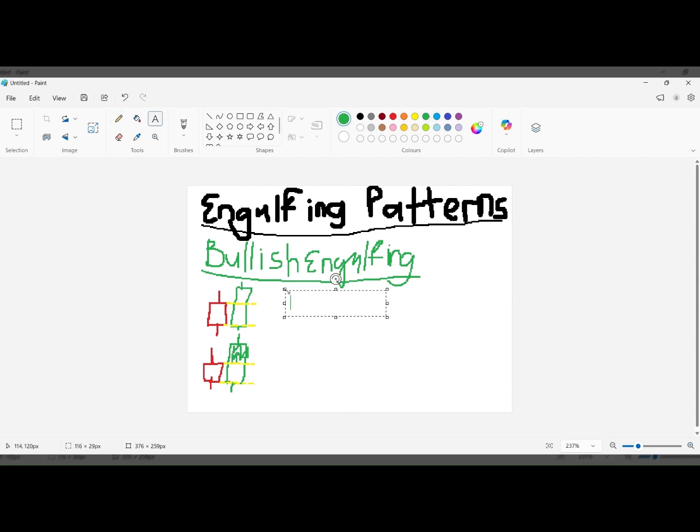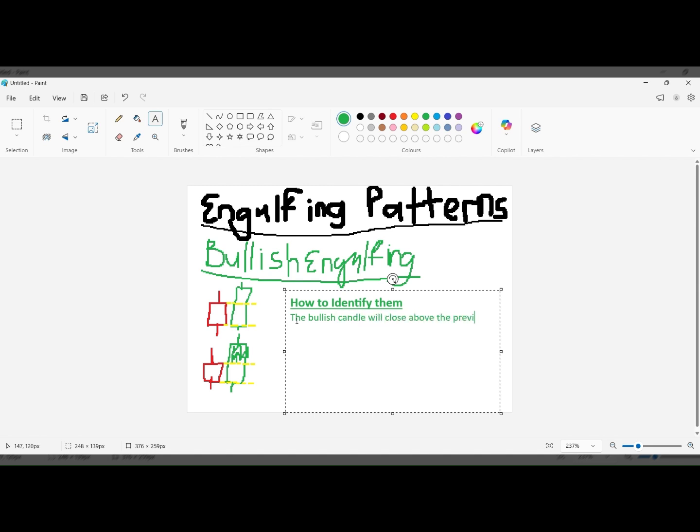How can you actually identify the bullish engulfing? The bullish candle will close above the previous candle's open, as I've mentioned.